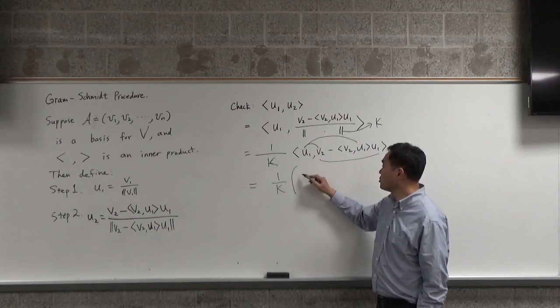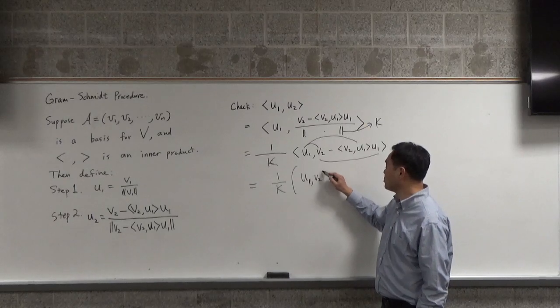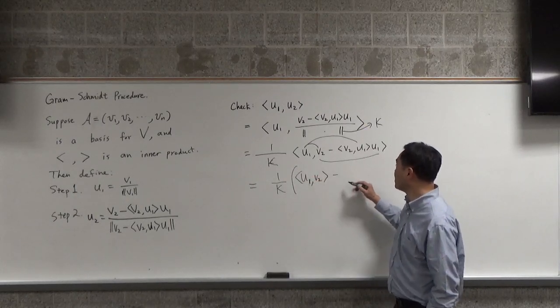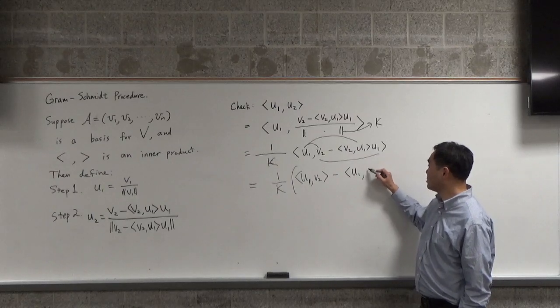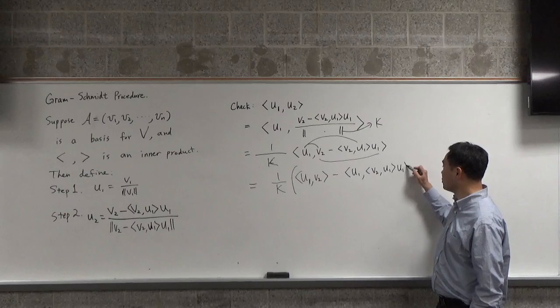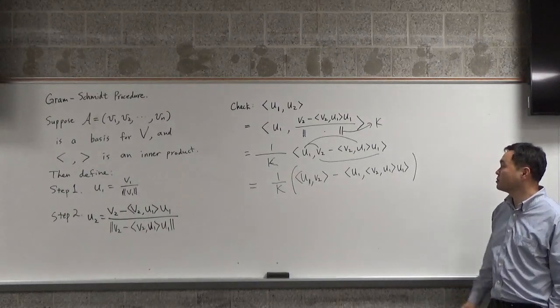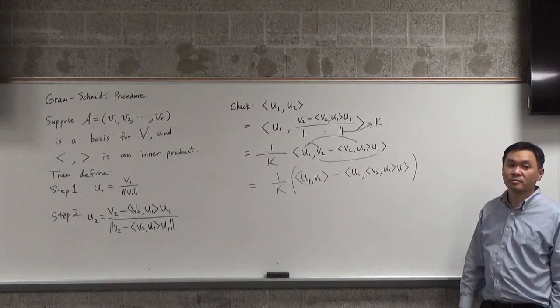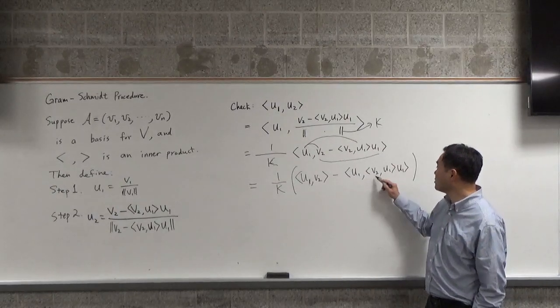So it's going to give you the inner product of u1 and v2, minus the inner product of u1 with v2 u1. Now let's see. This is just a number.